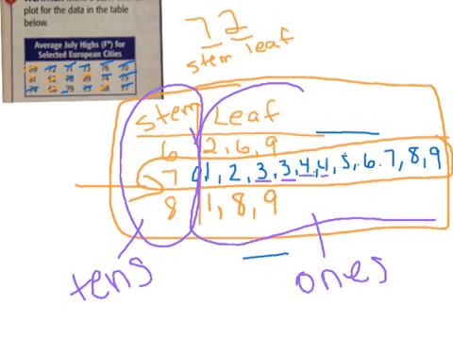Even if they repeat, you need to show that. And then you're also going to create a key with your chart. Your key will just be an example, like 7|6 equals 76. That way the reader, the person who's trying to analyze your data, understands what your stems and your leaves stand for.